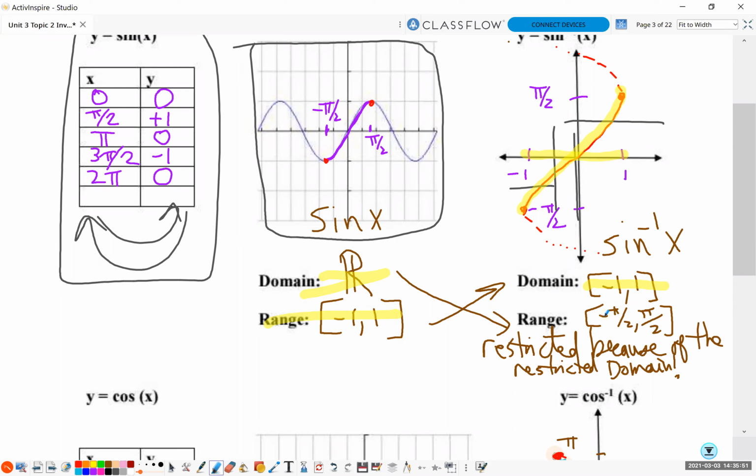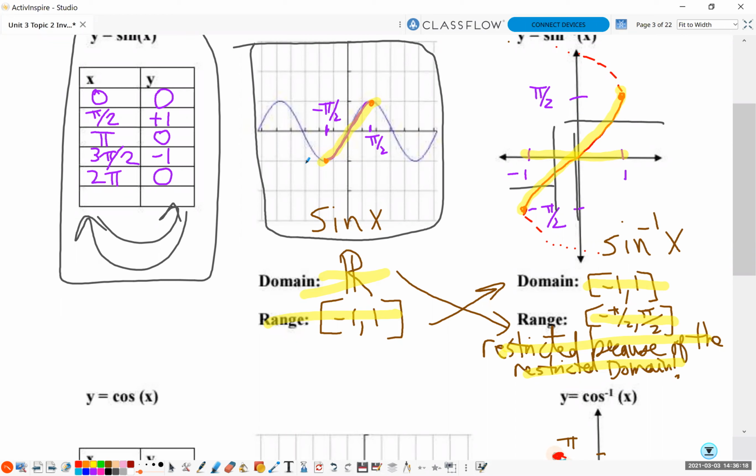But my range is negative pi over 2 to pi over 2, not all real numbers, because when I restricted the domain, that automatically restricted the range as well. Does everybody understand what I'm doing? I'm taking a little piece of the sine curve and saying only that is the inverse.